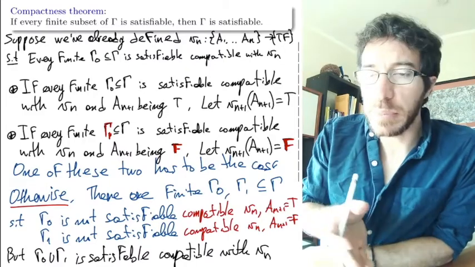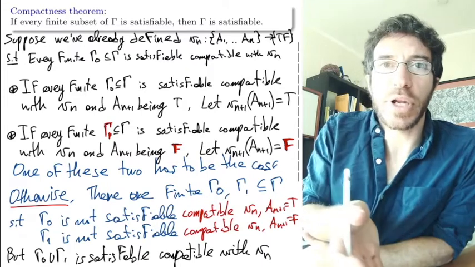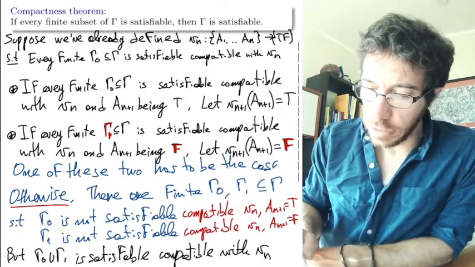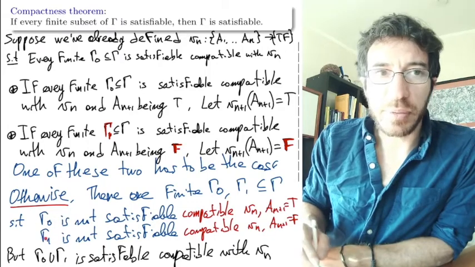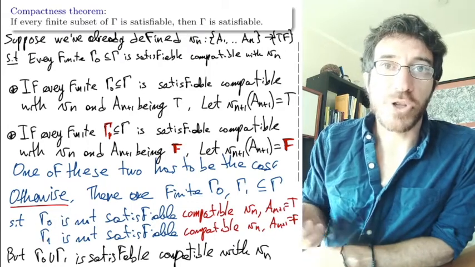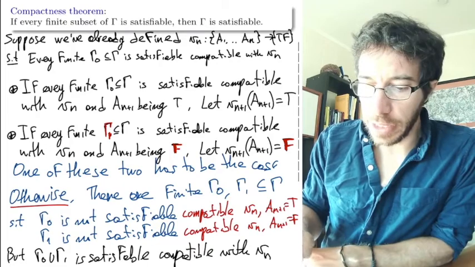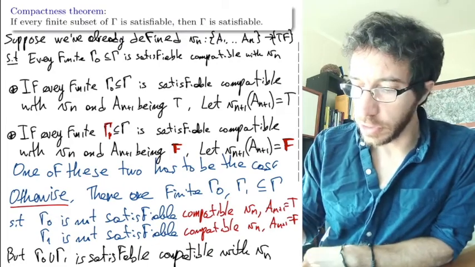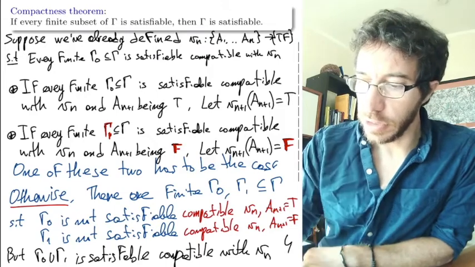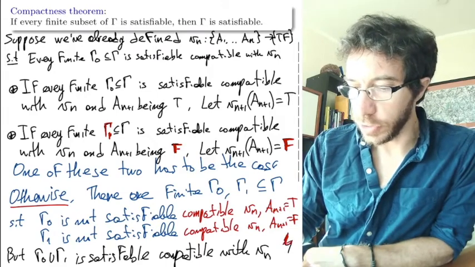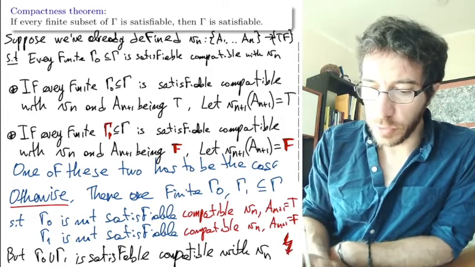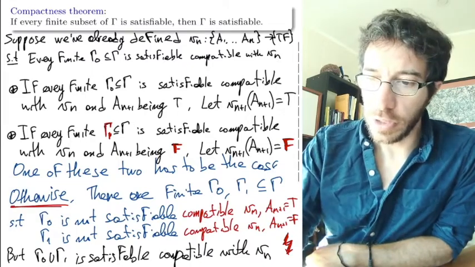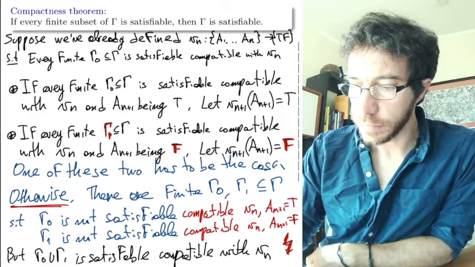And for that truth assignment, either An plus 1 is true or An plus 1 is false. So that truth assignment is compatible with one of the two cases. So it cannot be the case that we got both of these, because that truth assignment is going to contradict one of those two. Here is where we get our contradiction, which came from assuming that this wasn't the case. So one of those two has to be the case.